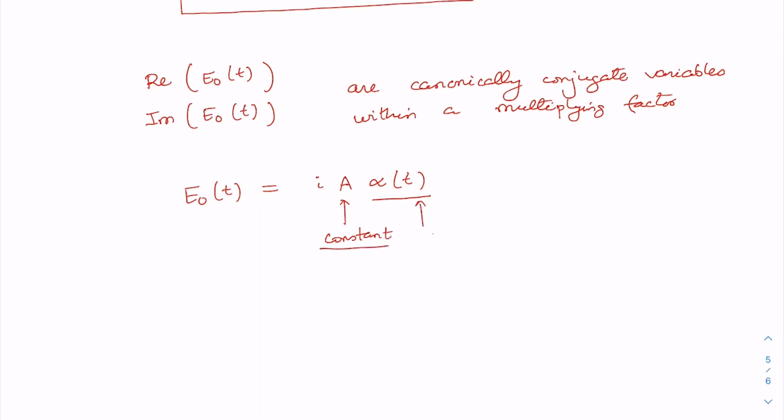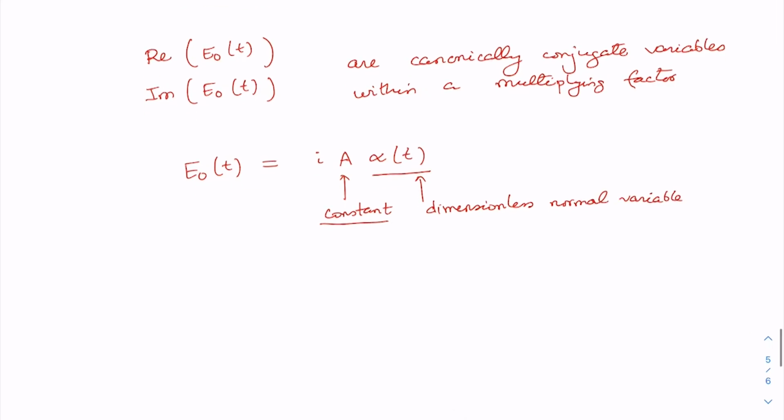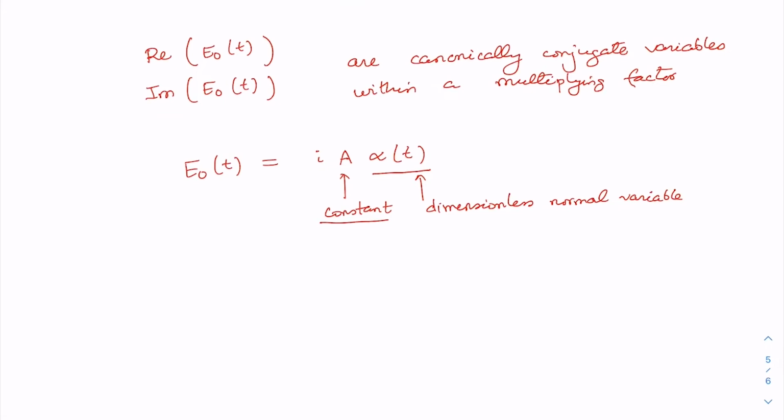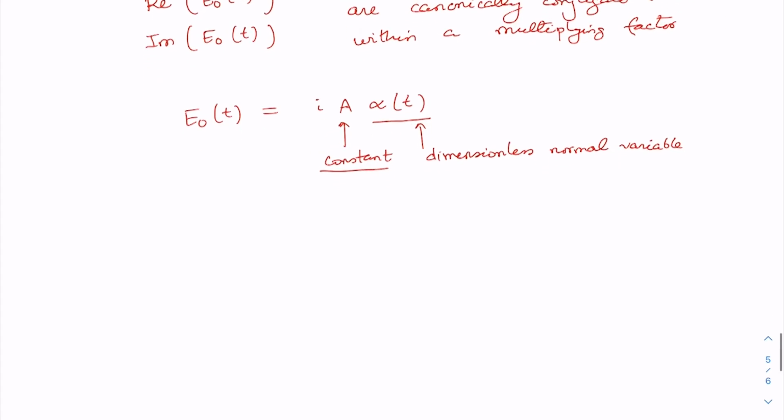The dimensionless normal variable is a complex quantity. We are going to determine this constant later on.